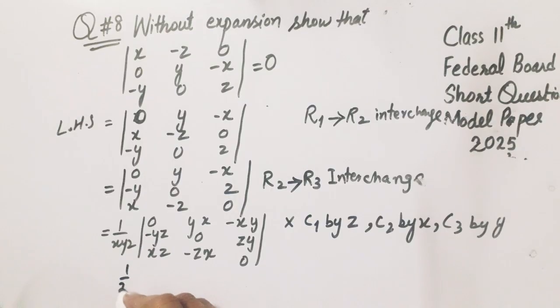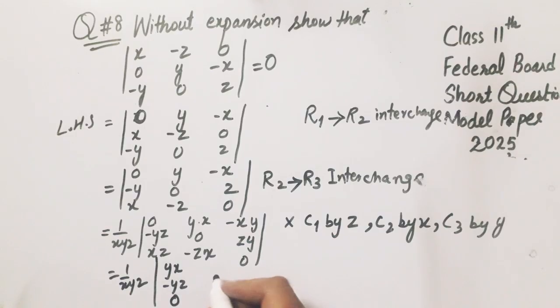So 1 over xyz, when you add 0 plus yx, it becomes yx, minus yz plus xz is 0, and the remaining terms are yx, 0, minus zx, and minus xy, zy, and 0.